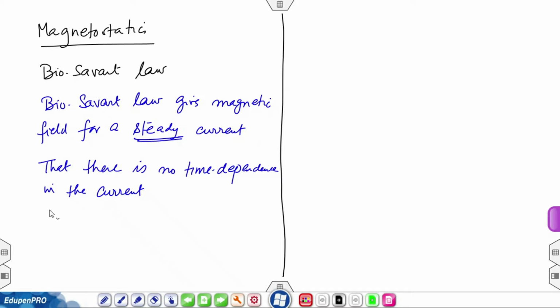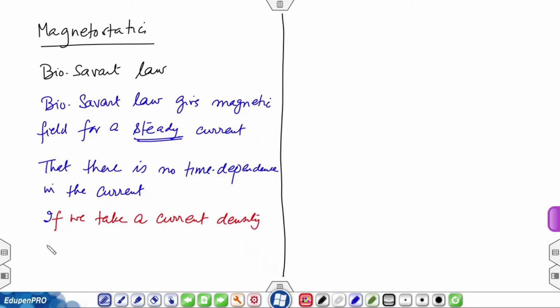What that means is, if we take a current density J of r, then del dot J is 0.